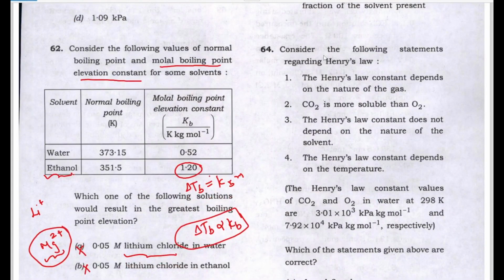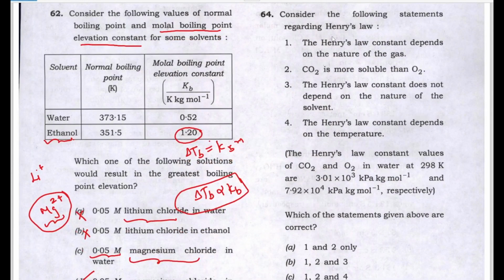In the 64th question, consider the following statements regarding Henry's law. The Henry's law constant depends on the nature of gas. That is correct. CO2 gas is more soluble than oxygen. For these two gases, they are providing us data regarding Henry's law constant.